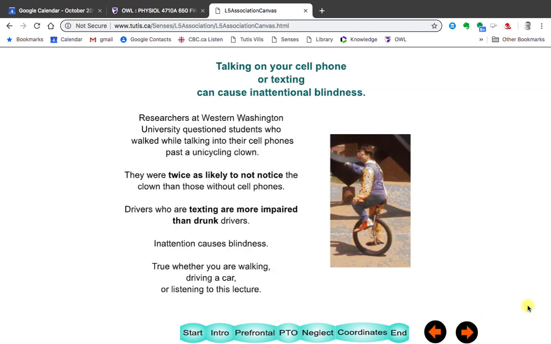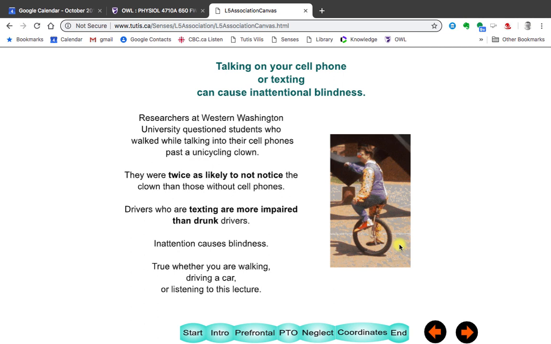So, attention. This fellow here is on a motorcycle and he's wearing sort of a clown's outfit. And he's riding around something like the UCC square there outside the UCC.